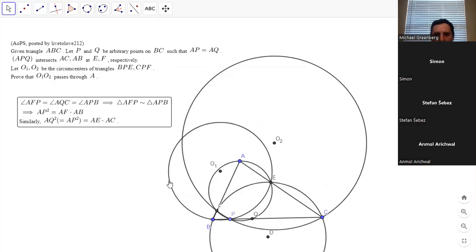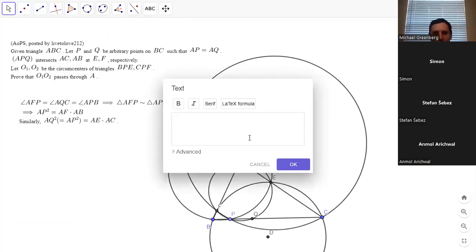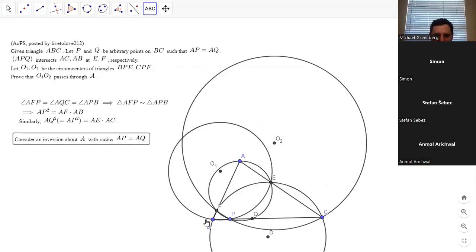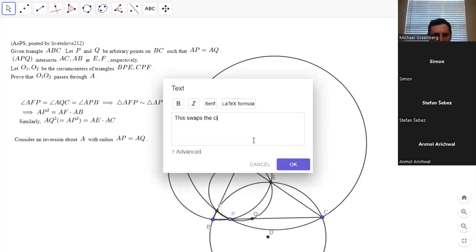And then from there, consider an inversion about A with radius AP equals AQ. That swaps the circles BPE and CPF.